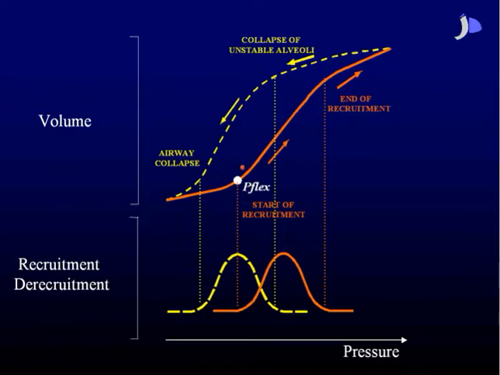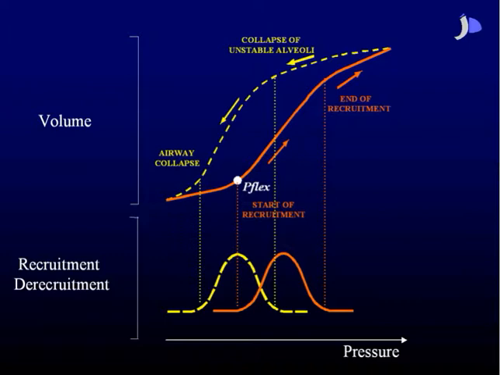At this point, the inflection point is the point where recruitment starts because our pressure is high enough to start to open a certain number of alveoli, which are the more healthy alveoli, probably in the medium or upper parts of the lung. Through all the inspiratory limb, we have an important increase in the number of alveoli, and if we see the slope, which is equal to the compliance, we're reaching the point of maximum compliance.